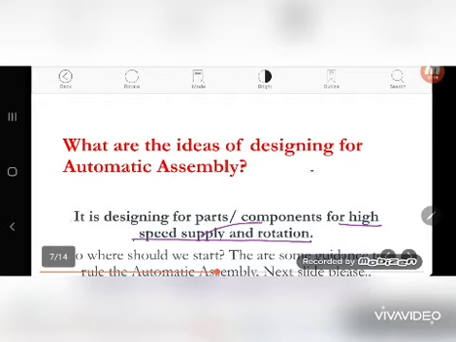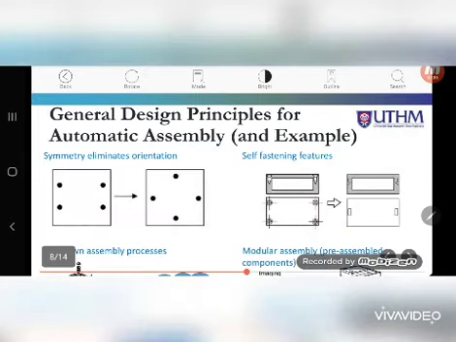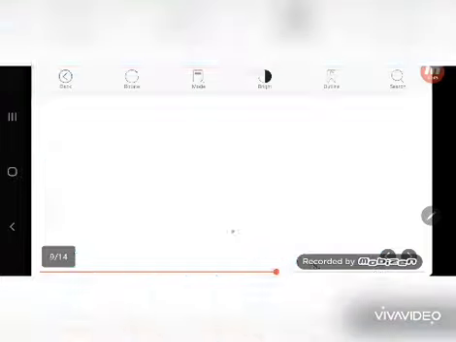It is designing parts or components for high speed supply and rotation. The rotation is fast and there is a lot of it. So we need to design the part so that the process is fast, with no hesitation. This is the general design principle for automatic assembly.